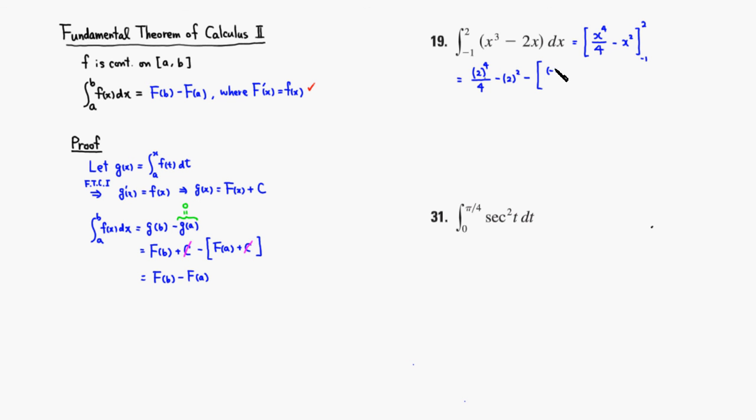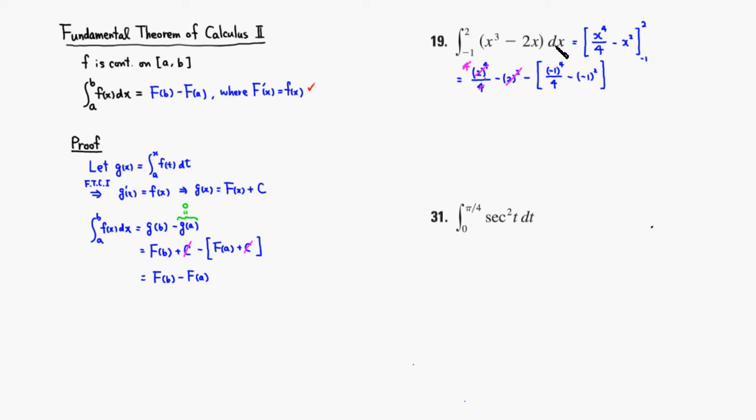So you have negative 1 to the 4th over 4 minus negative 1 squared. Let's simplify. 2 to the 4th is 16, divided by 4 would be 4. And 2 squared is 4 too. So you can see that the 4 minus 4 cancel out.